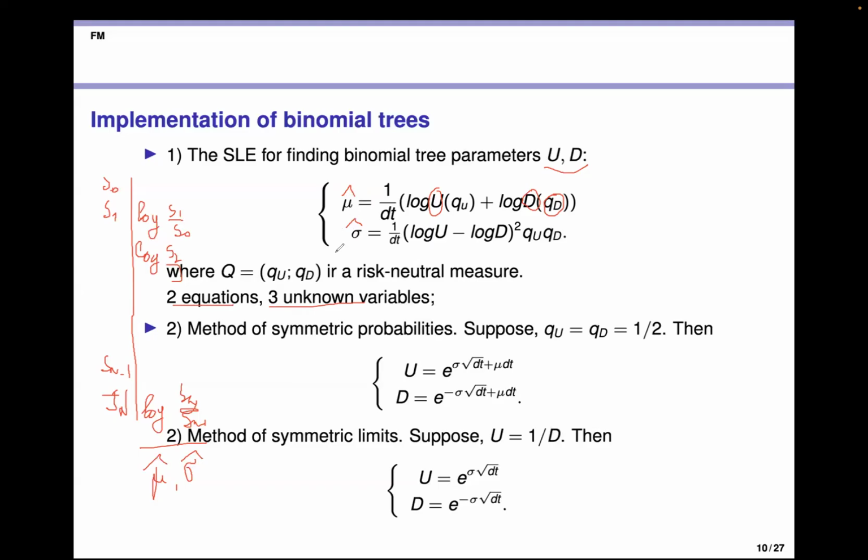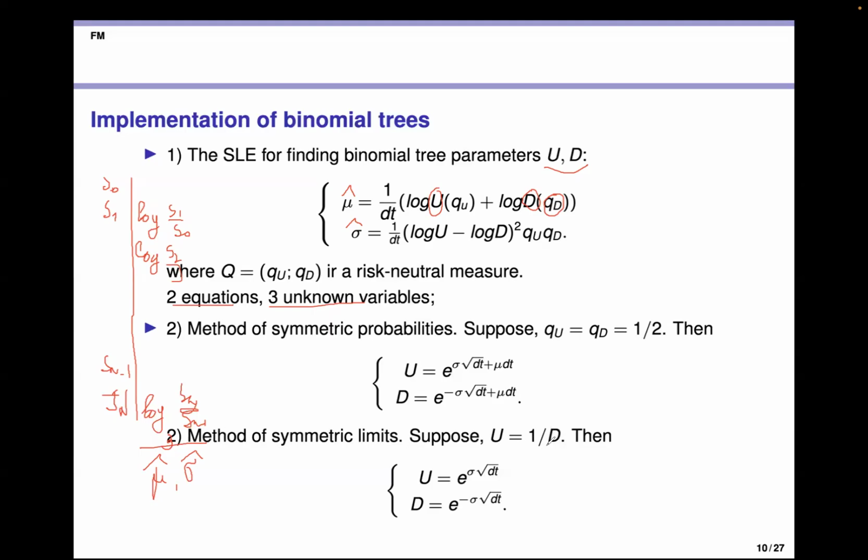Only if we assume something, and there are two ways of assuming. The first is called the method of symmetric probabilities, and the second the method of symmetric limits. In the first case, we suppose that Qu equals Qd equals half. I don't like this method, to be honest, because we know that it is a risk-neutral probability, and we know how to find it. So I prefer the method of symmetric limits.